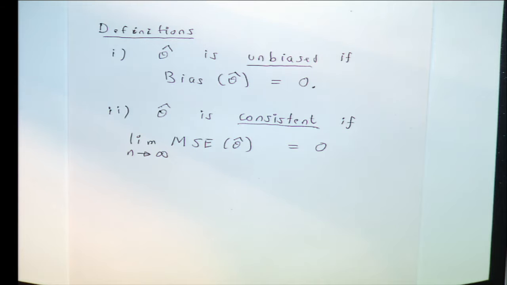So that's a good thing. The two definitions, unbiasedness and consistency, are both properties of a good estimator, right?